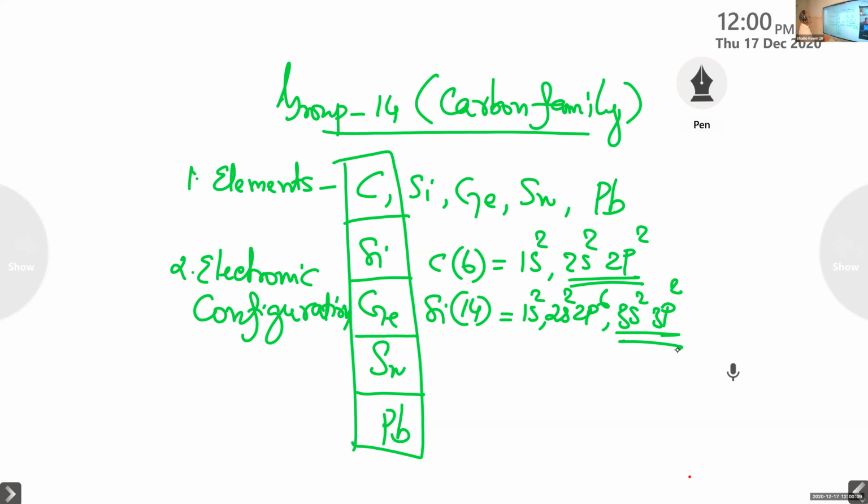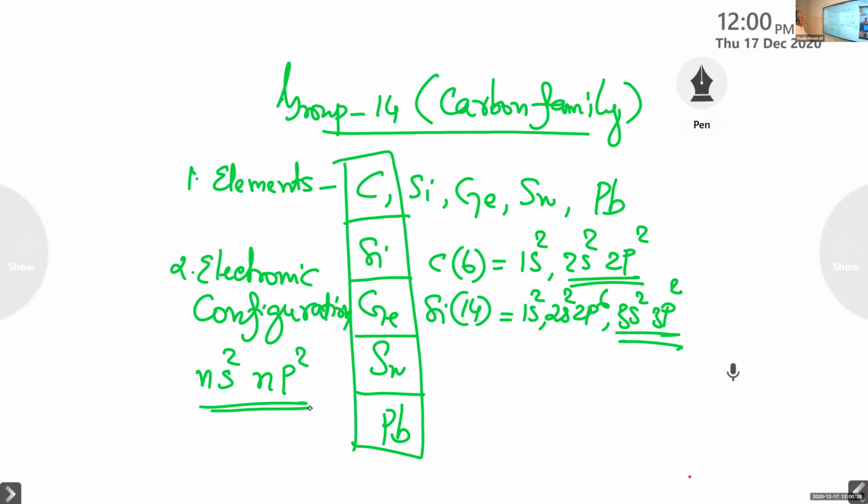So the general electronic configuration will be nS2 nP2. There are 4 electrons in the outermost level.